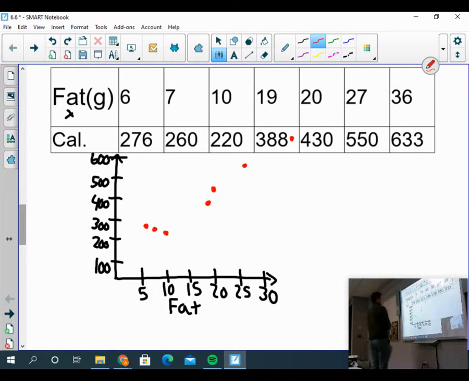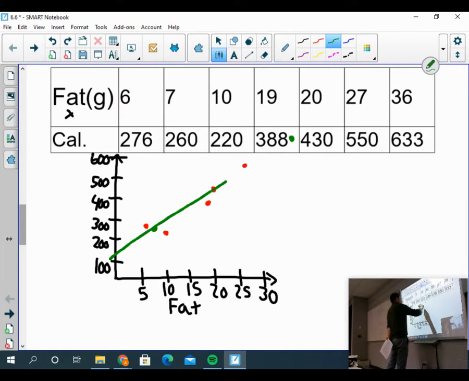Okay? So looking at that, come up with 2 points that you think best estimate the line of best fit. To me, I would say this point right here, and probably this point out here, because if I draw a line through them, it's pretty good for estimating my data, maybe a little on the high side.